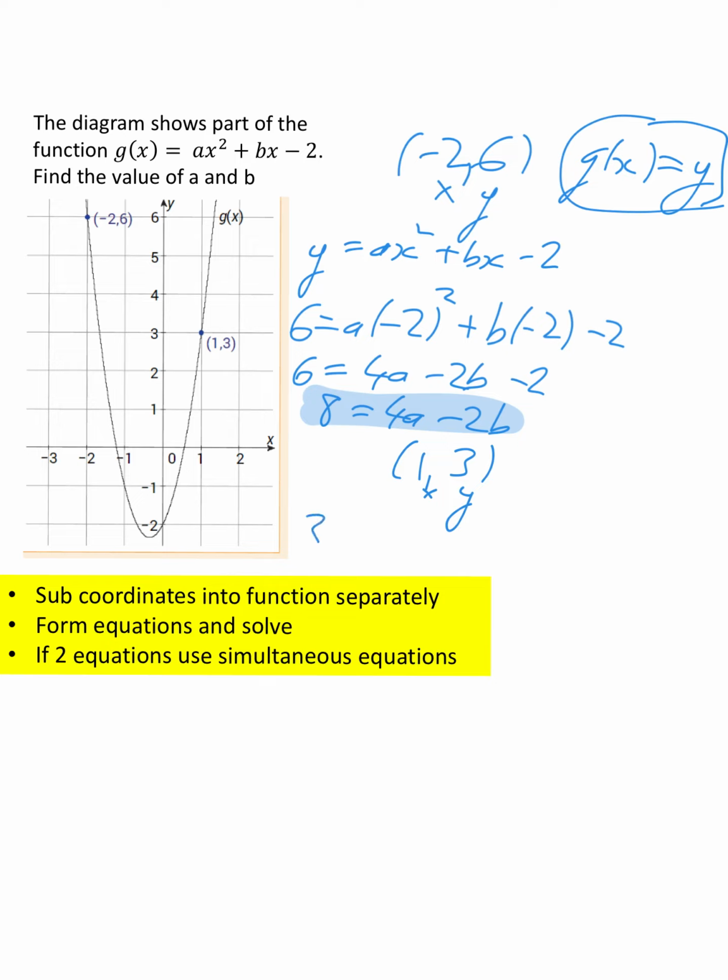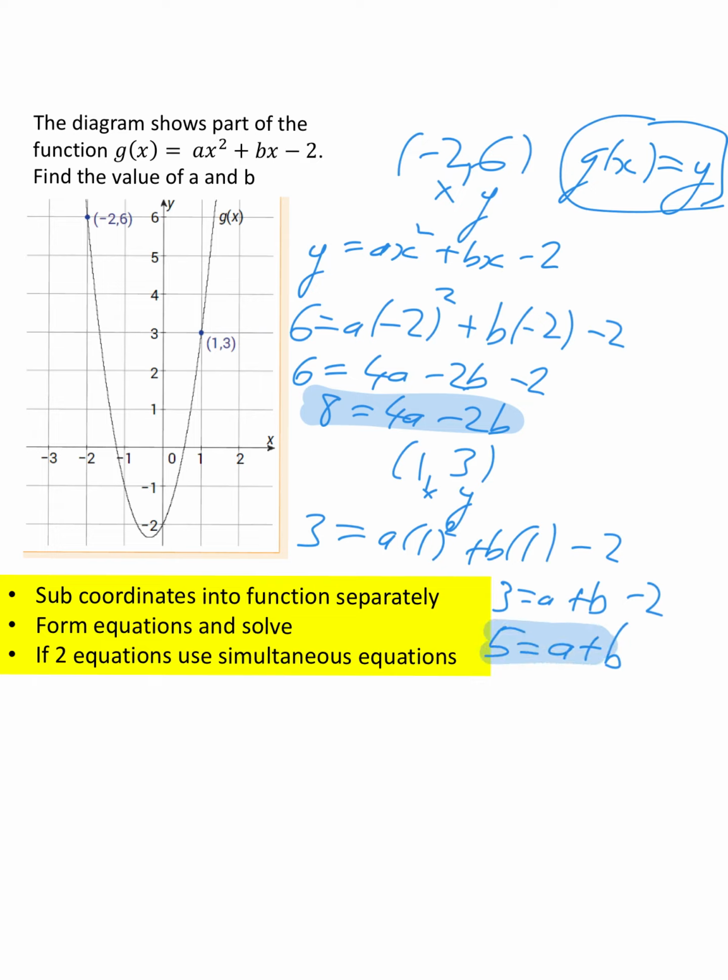So that means 3 for y will equal a times 1 squared plus b times 1 minus 2. So then 3 is equal to 1 squared is 1, and 1 times a is just a, plus b, because b times 1 is just b, minus 2. Bring the -2 to the other side, it becomes plus 2, so 3 plus 2 is 5. 5 is equal to a plus b.